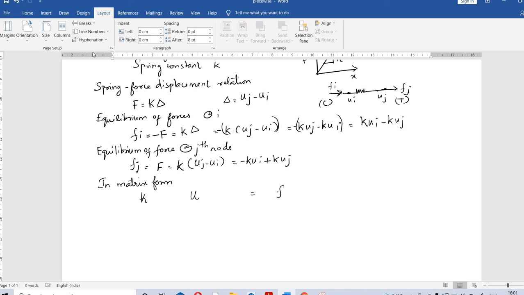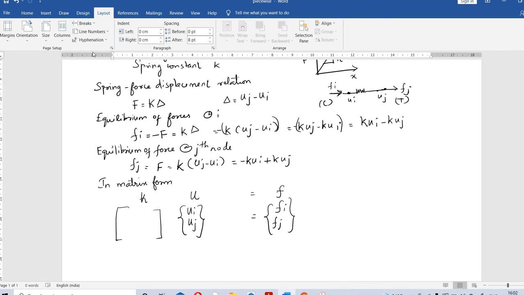Ku equal to F. K is a scalar quantity here, so you can put the bracket like this. U is the vector quantity. So you are going to assemble this matrix with Ui and Uj as a single column, and the corresponding force at the ith node and force at the jth node.